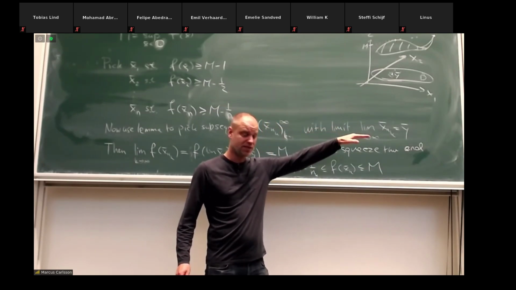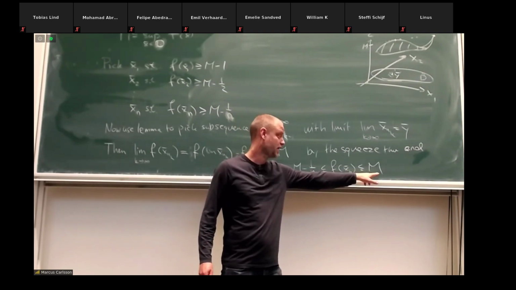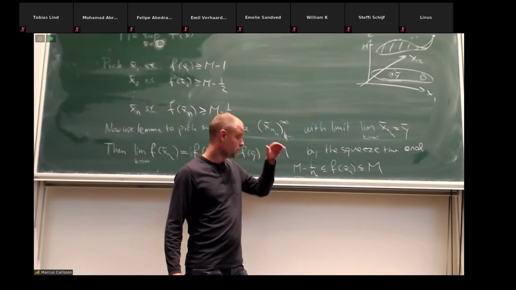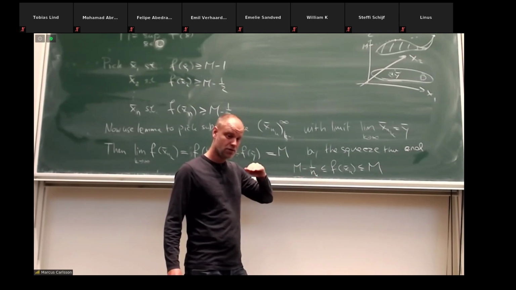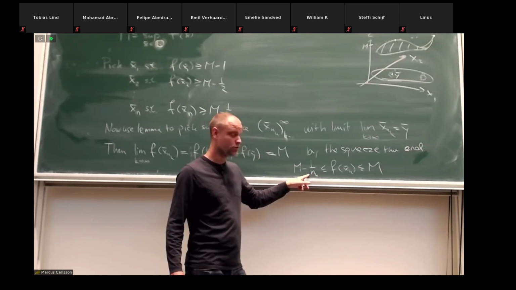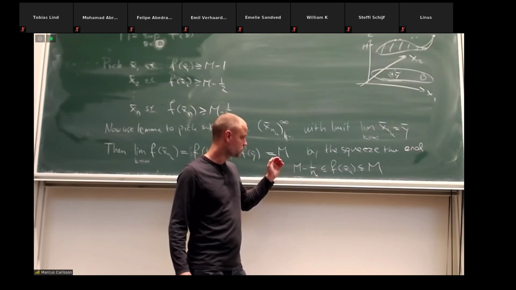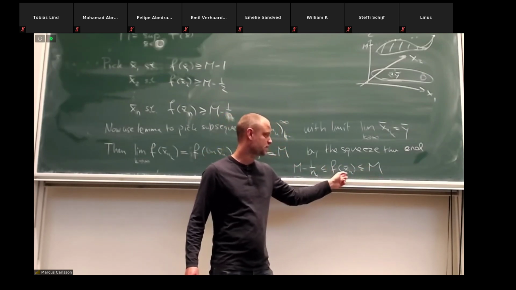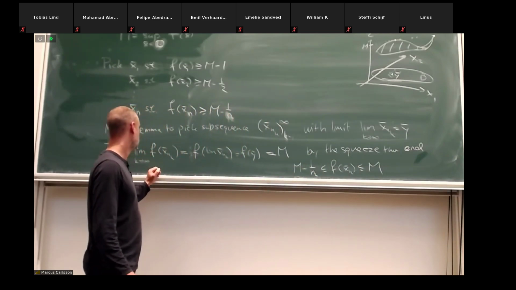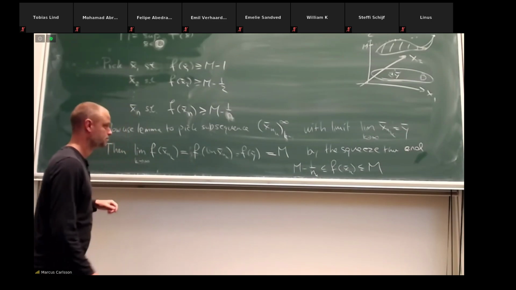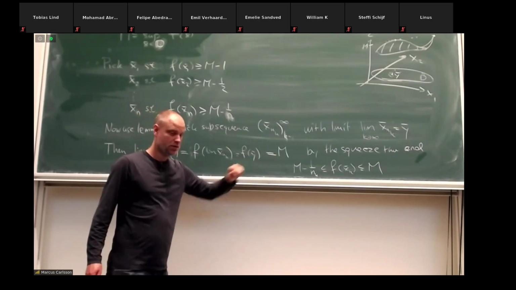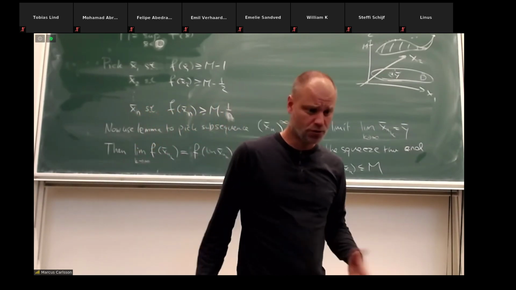The limit of a constant sequence is equal to the value m. And here you have a sequence that increases, right? And the limit of this sequence as a function of k is also going to be m, because n_k goes to infinity. So this one goes to m, this one goes to m, this guy sits squeezed in between, so the limit here also needs to be m. So now we have a point y where f of y equals m.